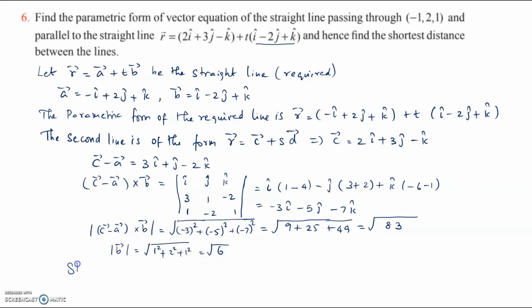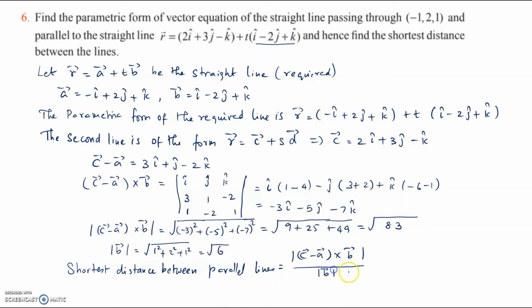So our shortest distance between parallel lines is equal to the magnitude of the vector c minus a cross product with vector b, divided by the magnitude of b.